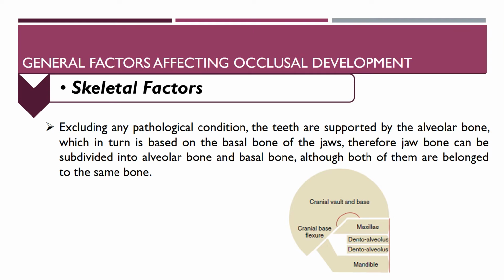Therefore, jaw bone can be subdivided into alveolar bone, as we see here in the maxilla and in the mandible, and the basal bone, which is the maxilla for the maxillary arch and the mandible for the mandibular arch, although both of them belong to the same bone. And we see here there is also the relation of these bones to each other and to the cranial base.